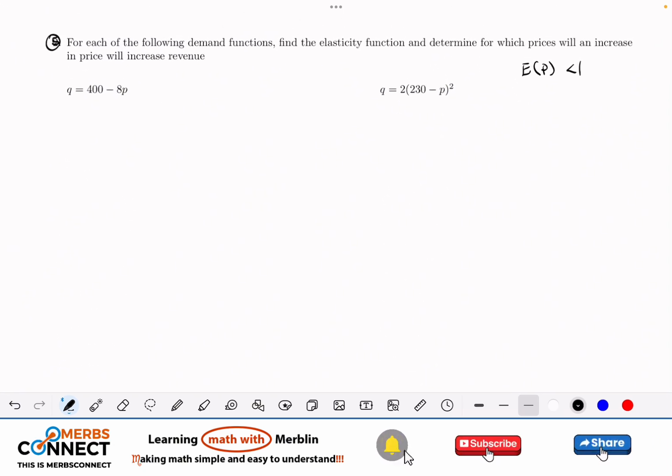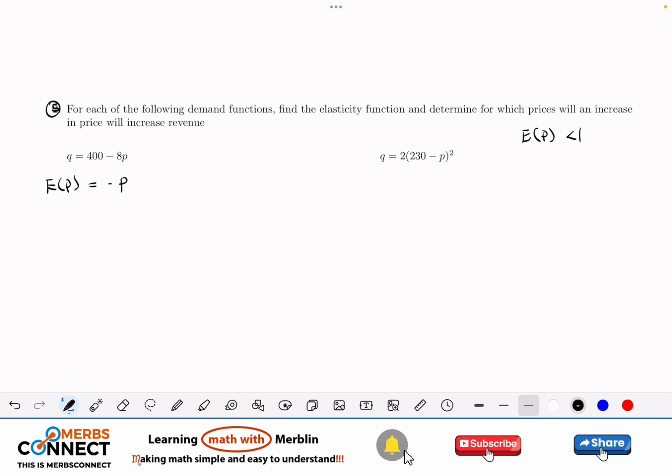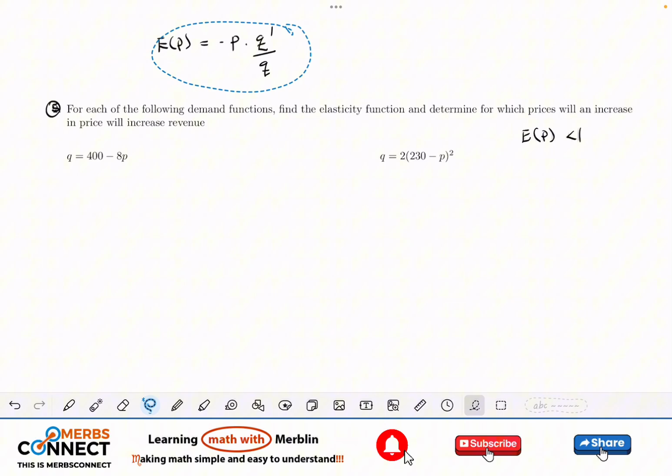So first we need E of P. Since this one is scale, we can write this one as minus P. So as I said, this one can be written as either F prime of P or Q prime. So since this is Q, I'll write it Q prime divided by Q, right? So this is what I'm going to get for the function.